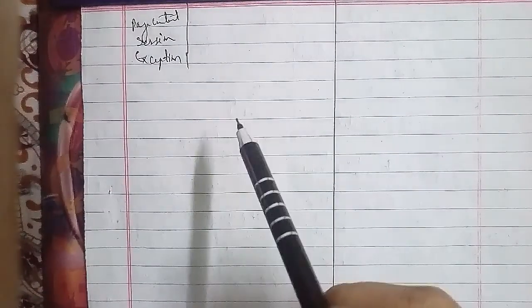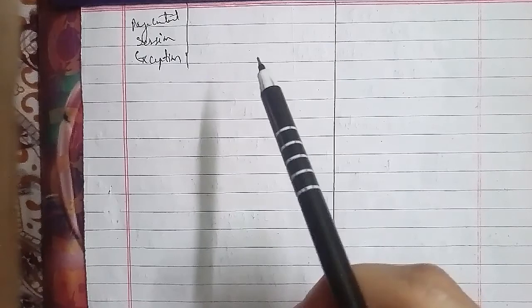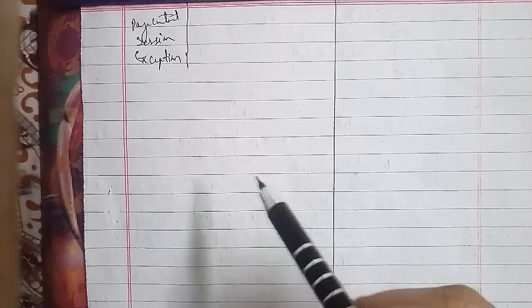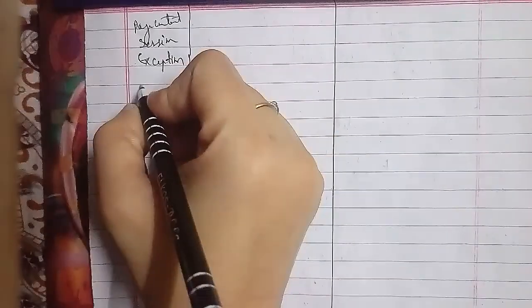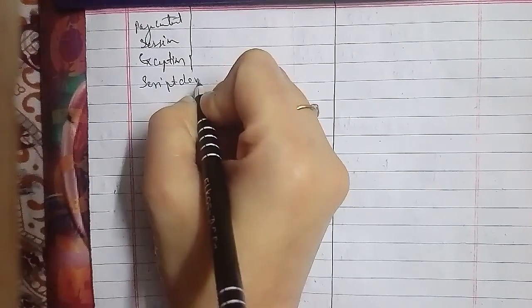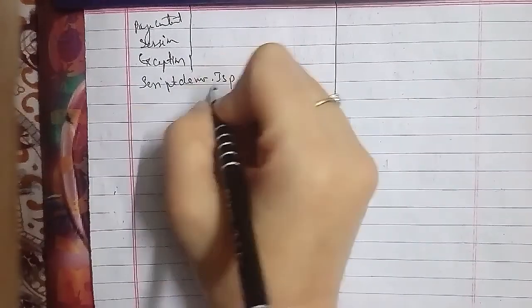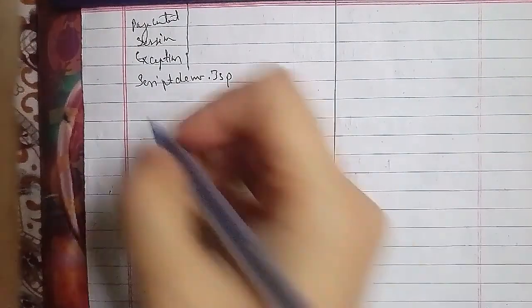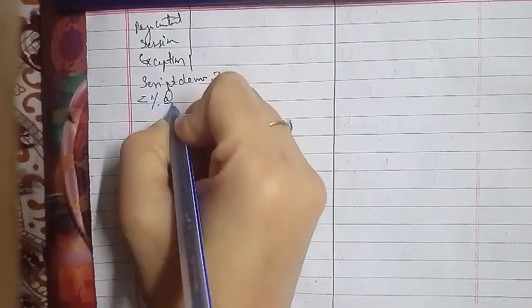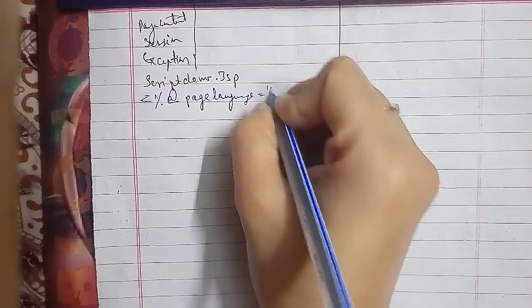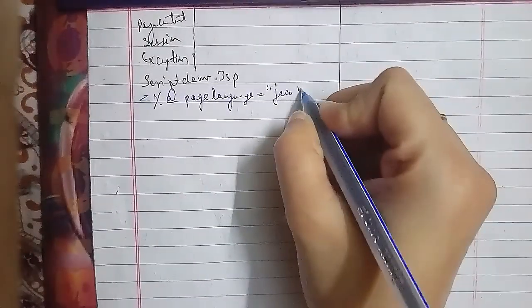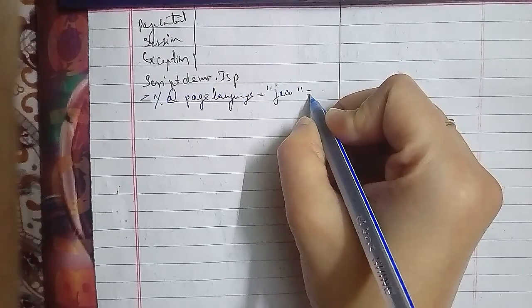Now we'll do a program with the following example. Make use of the implicit object variable page, in the file scriptdemo.jsp. We start with <%@ page language="java" contentType="text/html" %>, then html, head, title.